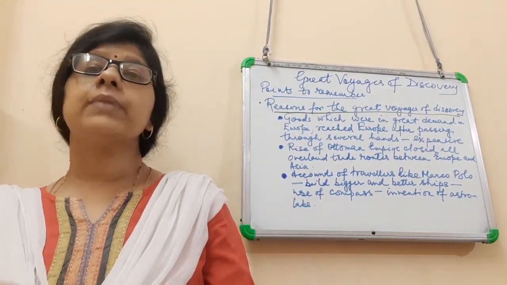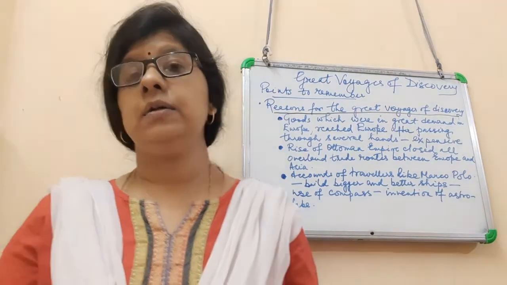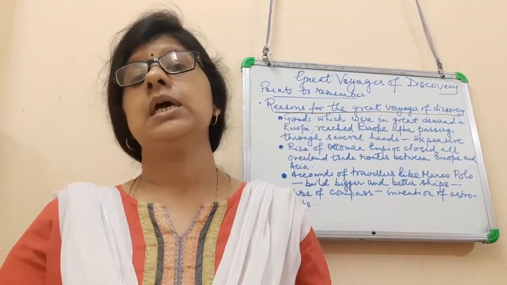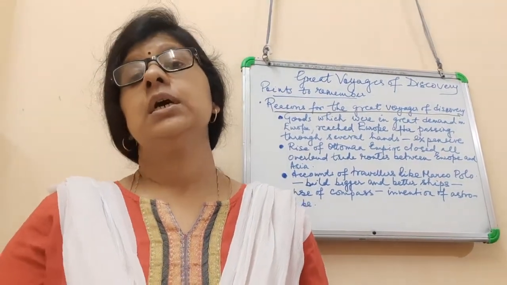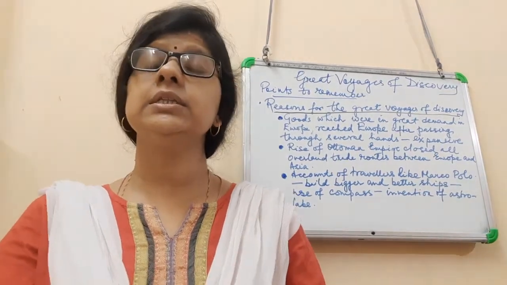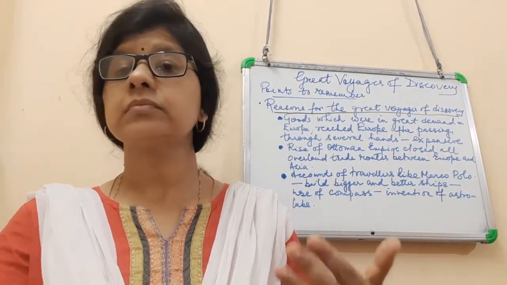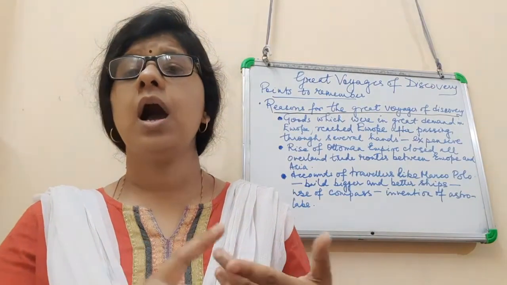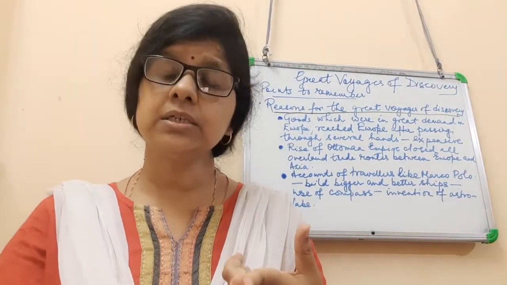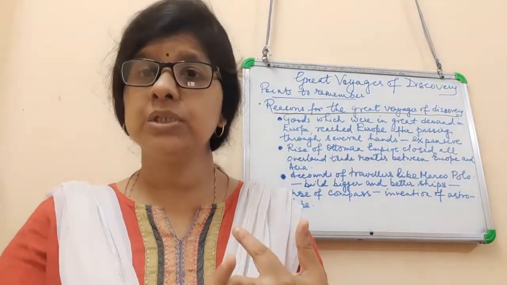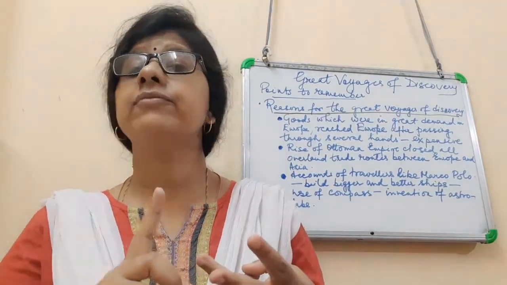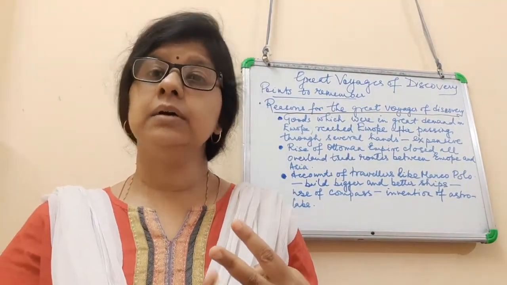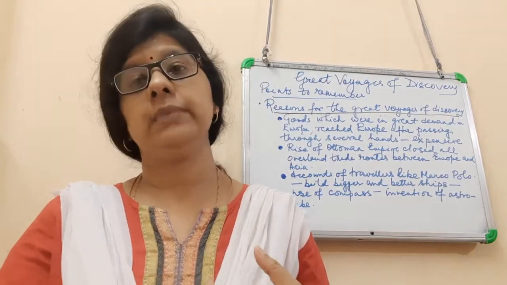Now, among the many explorers, some well-known explorers about whom we read in this chapter are Henry the Navigator, Bartholomew Diaz, then you have Christopher Columbus, Vasco da Gama, and Ferdinand Magellan.